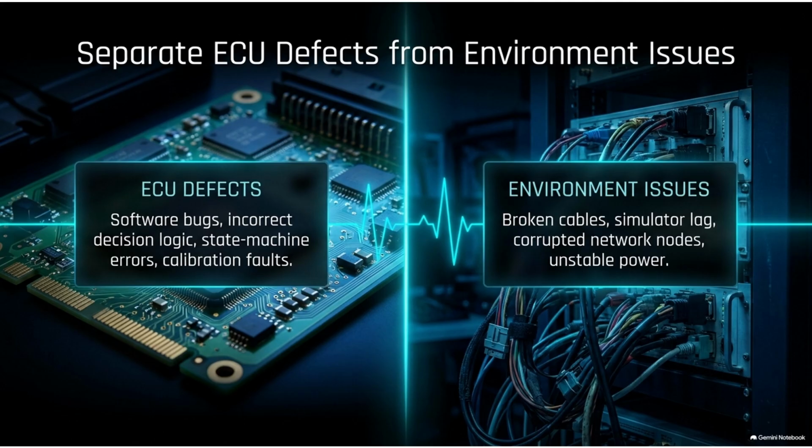Environment issues are outside problems, not software bugs. A broken cable causing a deviation, a simulator lag, or unstable power supplies are all environment issues. We must always use signal evidence to prove the root cause. Once proved, only then can defects be raised.